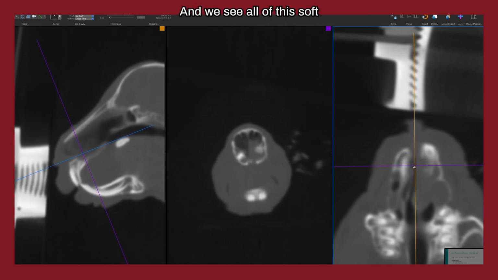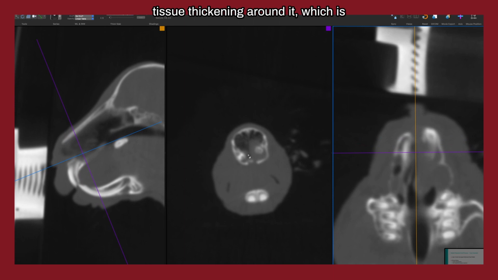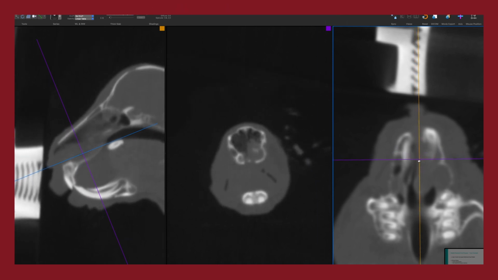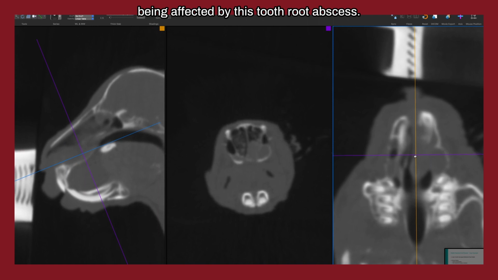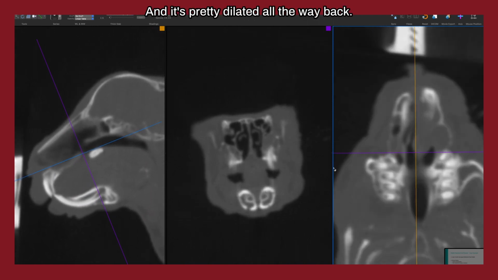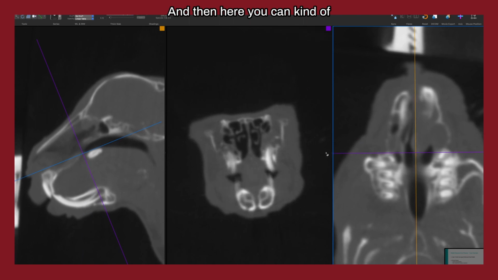And we see all of this soft tissue thickening around it, which is consistent with a tooth root abscess affecting that reserve crown. And you can see that right here, this is where that nasolacrimal duct is being affected by this tooth root abscess. And it's pretty dilated all the way back. And then here you can kind of see where that reserve crown of the first premolar can also affect the nasolacrimal duct.